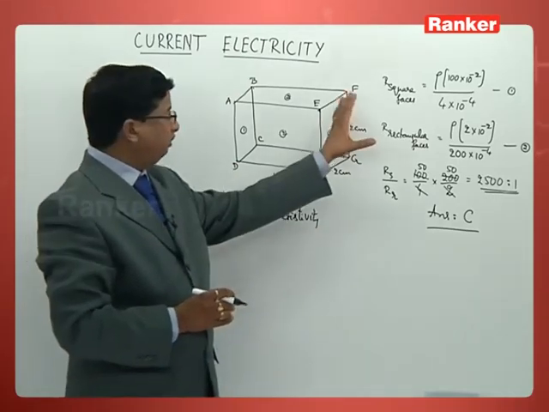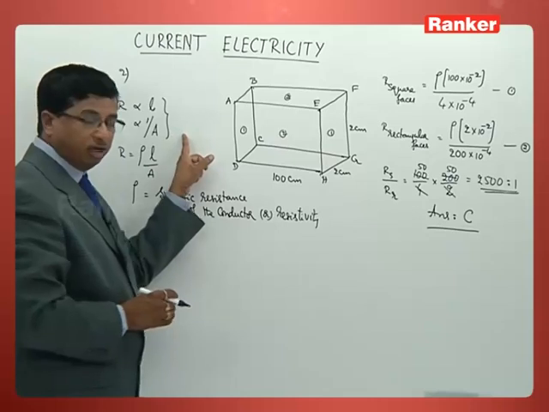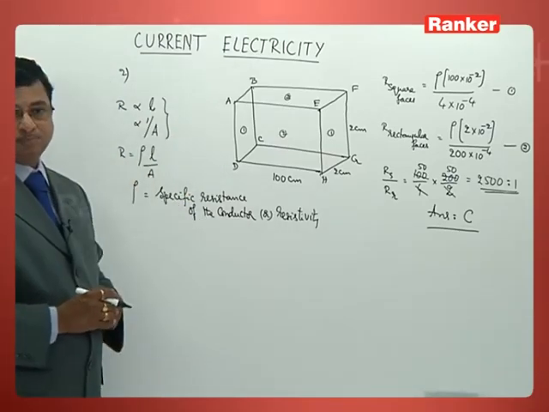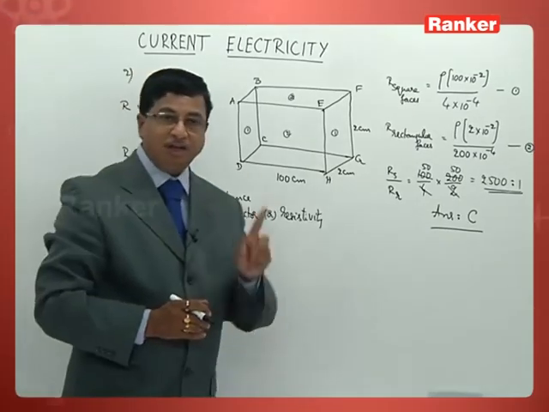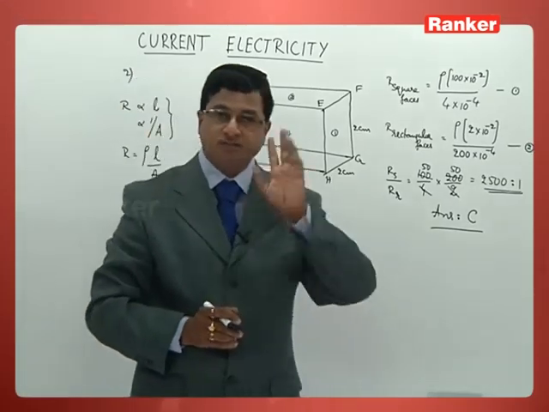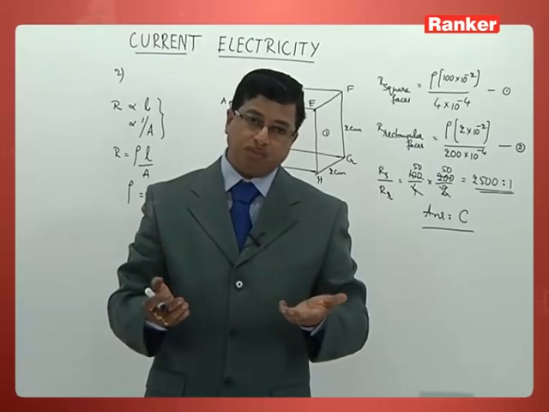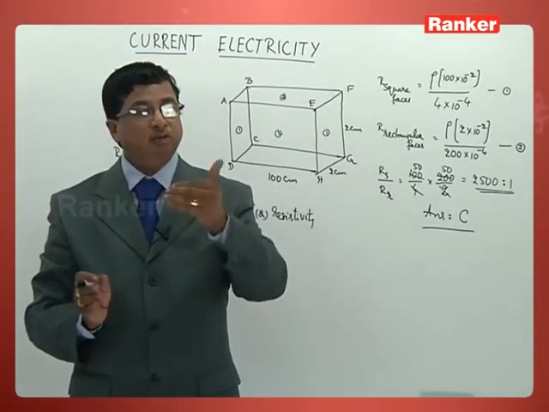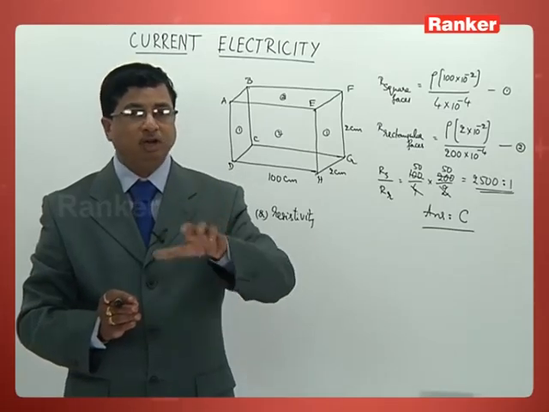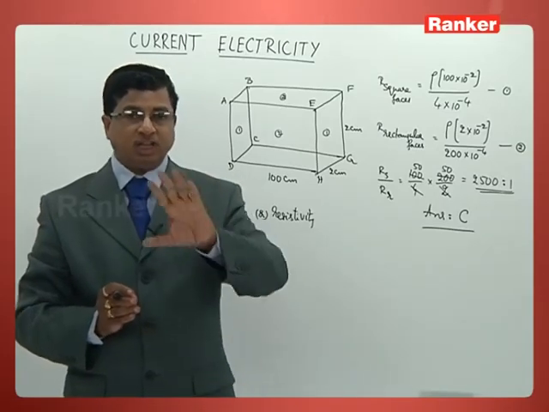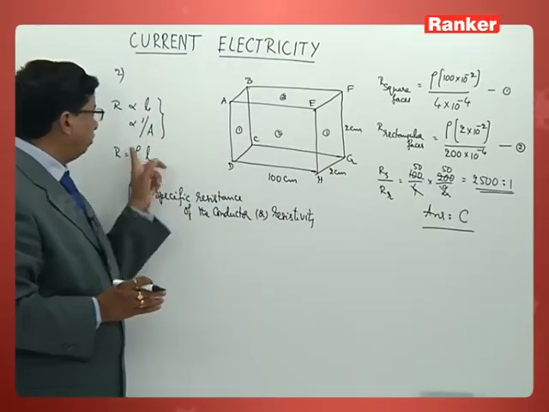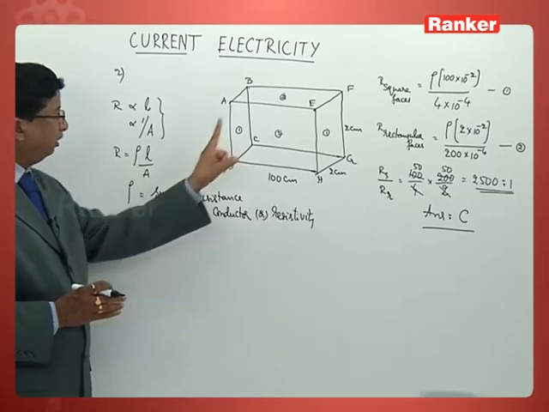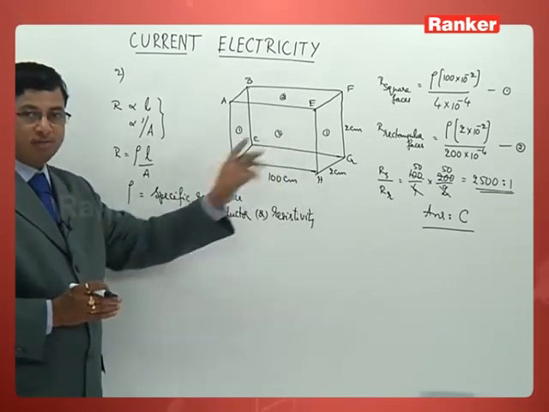So once again I just mention the concept related to this. Resistance of any conductor depends on length and area of cross section. Resistance is proportional to length, inversely proportional to area of cross section. So taking the equation R is equal to specific resistance into L by A, this model question can be solved.